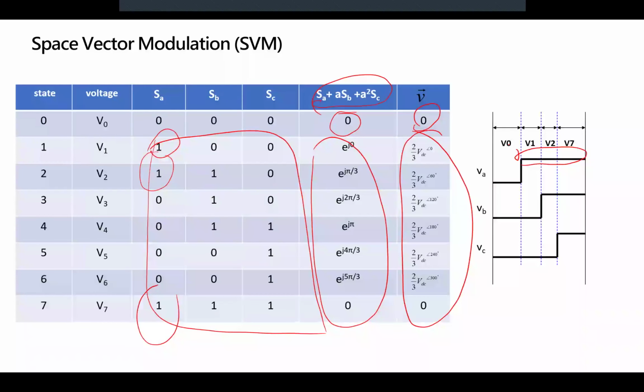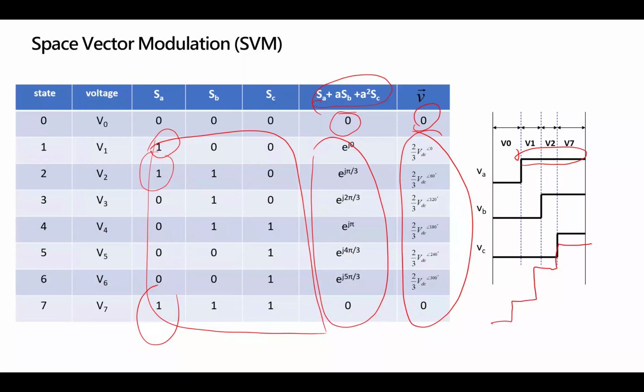Okay. And then if you add these three together, what you would have? You would have your PWM multi-level signals as the inverters' output.